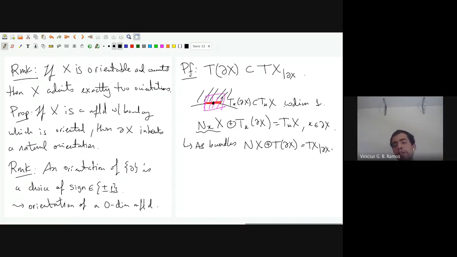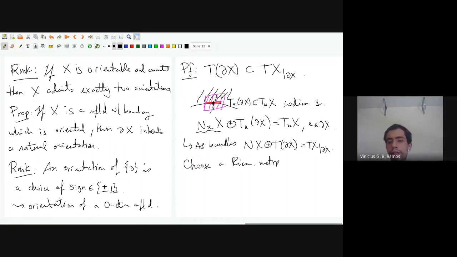Because if you have a codimension 1 subspace of another space, then you can always find a complement. But can you find a complement that's varying smoothly with respect to x? That's maybe not so obvious, but it is true for vector bundles, at least locally. And you can do this globally for the whole boundary. One way that you can do this is you can choose a Riemannian metric.